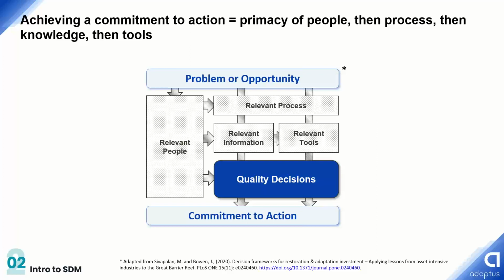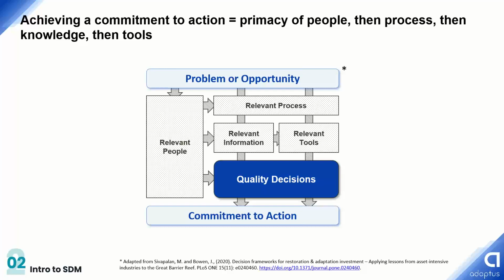But it speaks to the concept of quality decisions being what the structured decision making wheelhouse is all about, which leads to a commitment to action. And I think that's the important message that we try to bring through with quality decision making in any context.